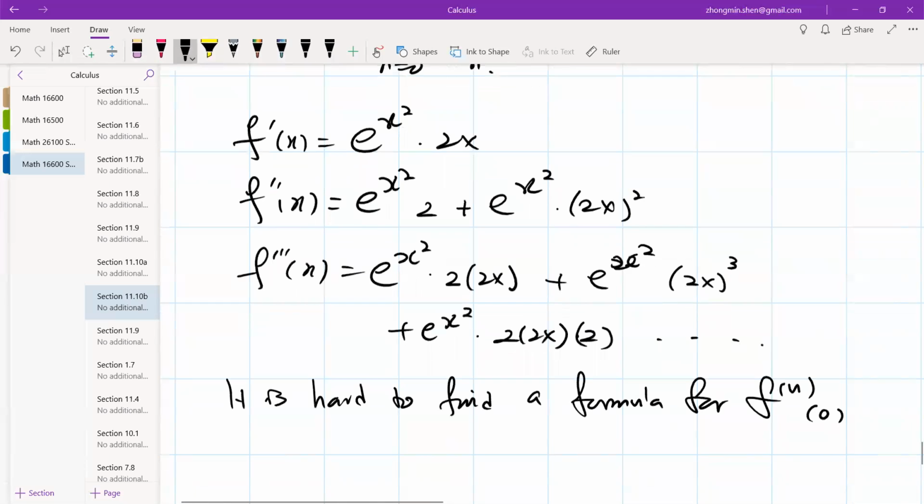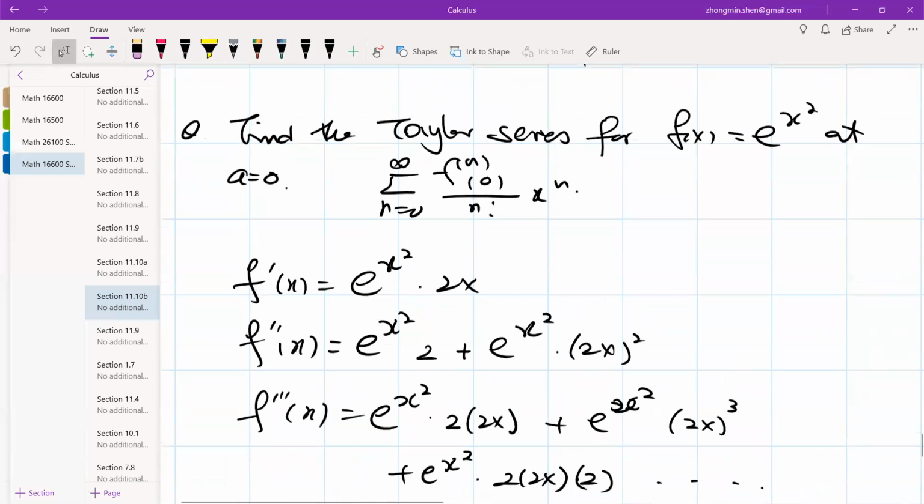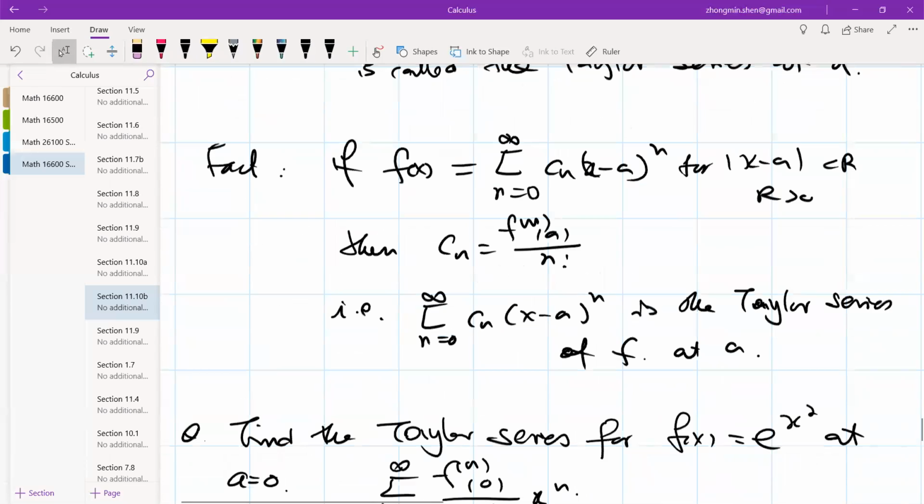So I'm not going to use this definition to find the Taylor series. I'm going to just go ahead and find the power series representation. If I find the power series representation, that's it. That's just the Taylor series according to this theorem. This theorem says that if you already know the power series representation of the function, then by definition this is the Taylor series.